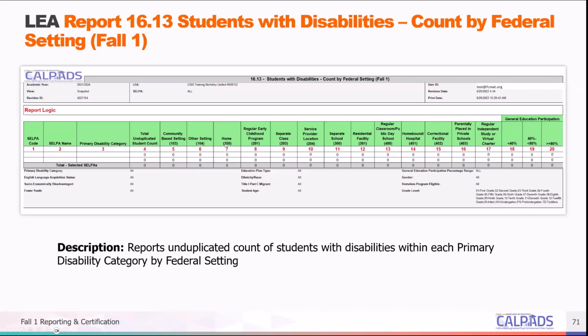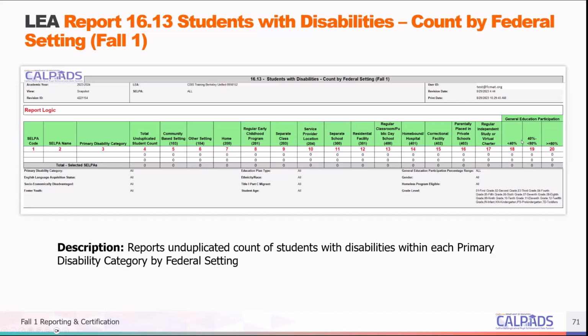And then here's the setting, the number of students in a setting. Here are the different special education program settings, and then the percentage of time they're in general education participation. And these are ranges. The actual record has a specific numerical percentage, so it might be 49, 51, 52, and then we just throw them in the bucket in which they fall.